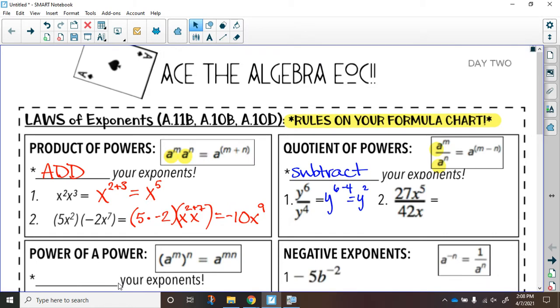So we did the numbers, we get 9 over 14, and then 5 minus 1, because if there is no exponent, it's just a 1, gives us x to the 4th. So that would be my final answer for that one.